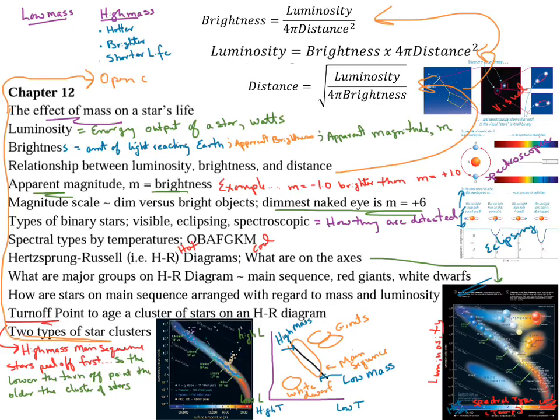So if you're into observational astronomy, these are embedded in your brain. They're just beautiful. A star cluster is basically a group of stars that were most likely born all about the same time. There are open star clusters and globular star clusters.